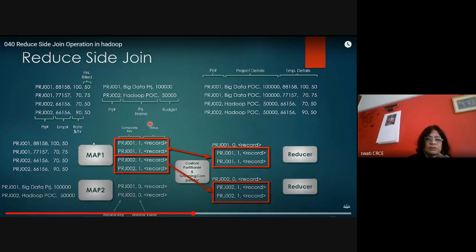But here the sorting happens and then the joining is done by the reducer, so overall the process takes more time. So it is slow, but it is suitable and flexible because both tables can be big tables. Okay, so this is the example of your mapper and reducer.